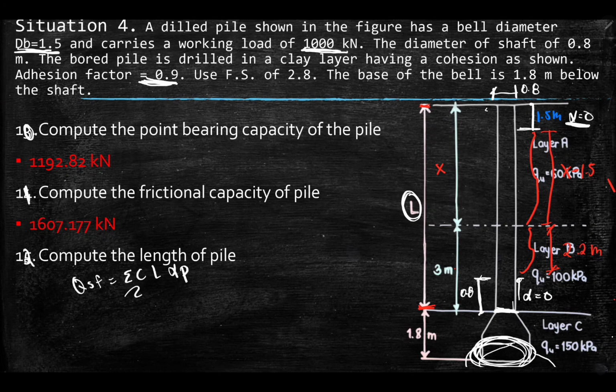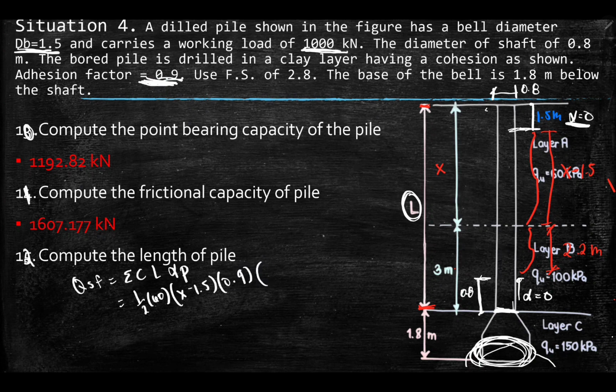Okay, solve natin. For soil layer A muna tayo. So, ito considering itong part na to. Okay? So, ang cohesion dyan is 1/2 of 60 times yung length which is X minus 1.5 meters. The adhesion, may binigay dito, so yung natitira dyan na hindi alpha is equal to 0, ang alpha natin dyan is 0.9.